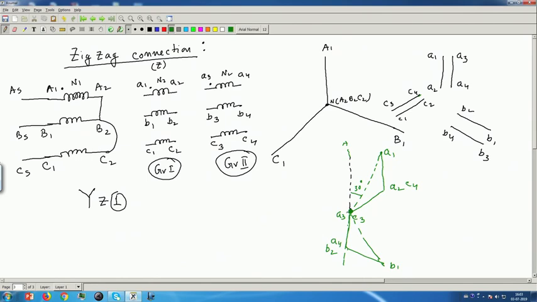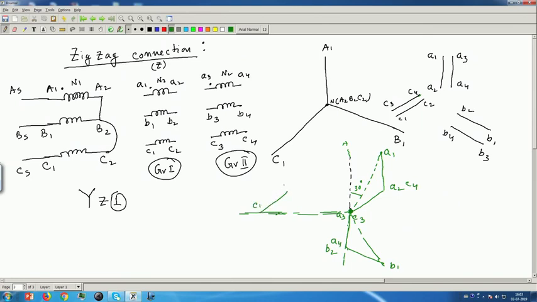And where will be my C phase? It must be horizontal. After this one, this is 30, this is 90. So, here it must come, and this voltage must belong to some C1. So, what it should be? A1, B1, and this is C3. C1, C2 is available, okay, fine.